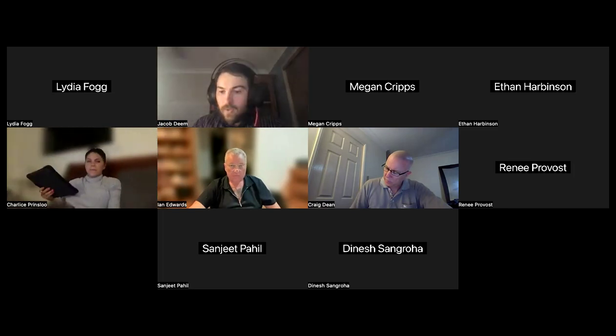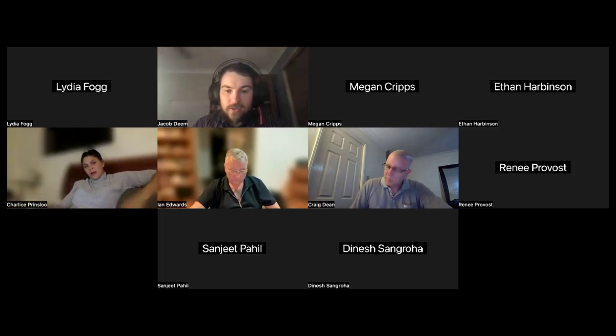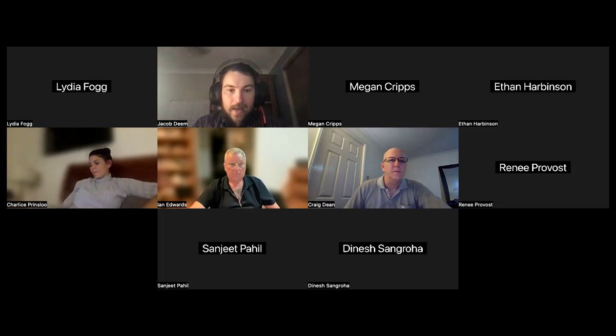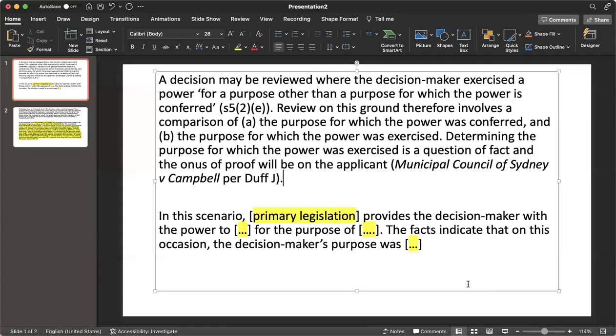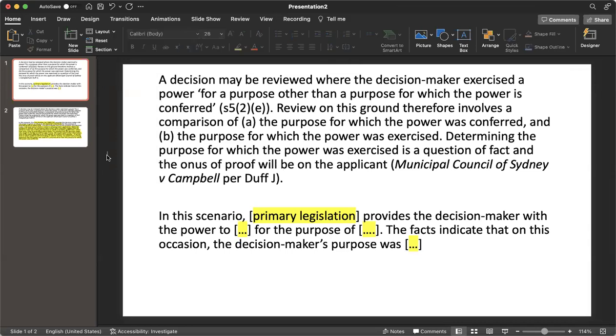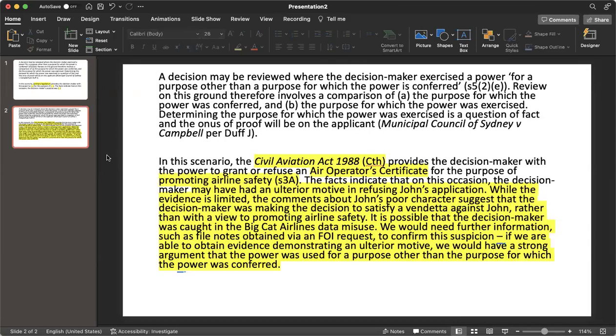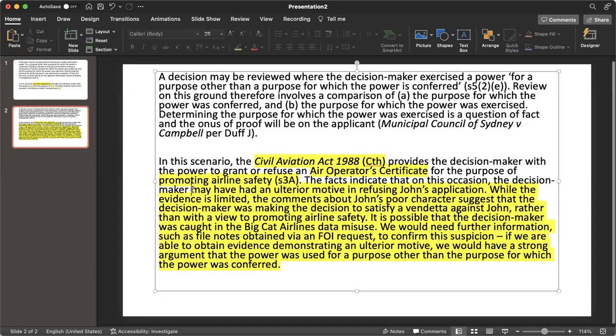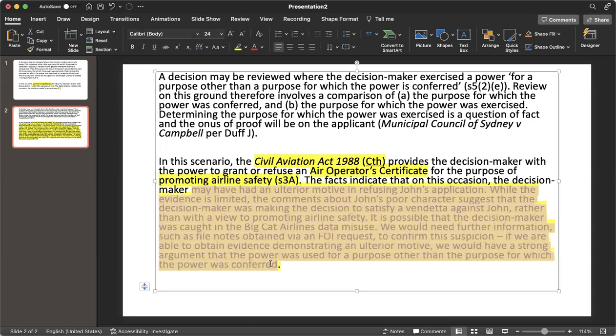So what I might do, I'll share the screen again. This is the template that we've got in our exam notes, and then we get into the exam and fill in the extra bits. This top bit is exactly the same as in the previous slide. We've filled in the details from the Act, and then we've suggested, okay, what might be the purpose?